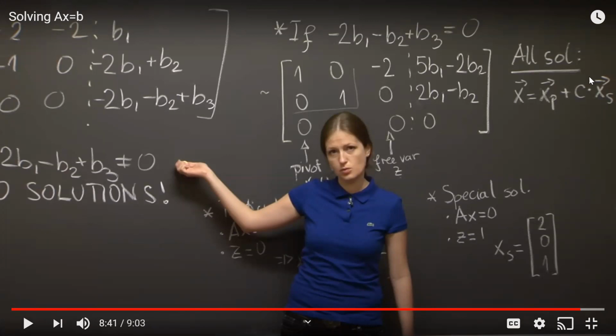Now xp is only one arrow. These are millions of arrows, but all these arrows are lying on the line. And this is another arrow which does not lie on this line, okay? Because in this case, Z was 0, here Z is 1. So this vector cannot be part of this particular null space.